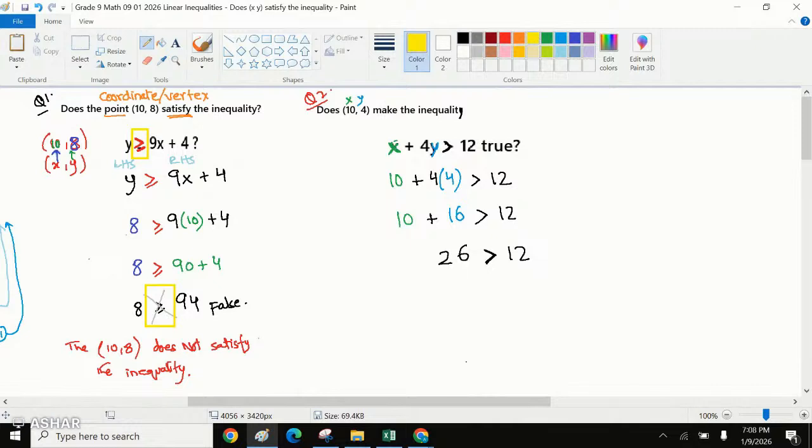Is this sign true? The original sign in the question was given as this, and this is also true, right? 26 is greater. So we can say this statement comes out to be true.